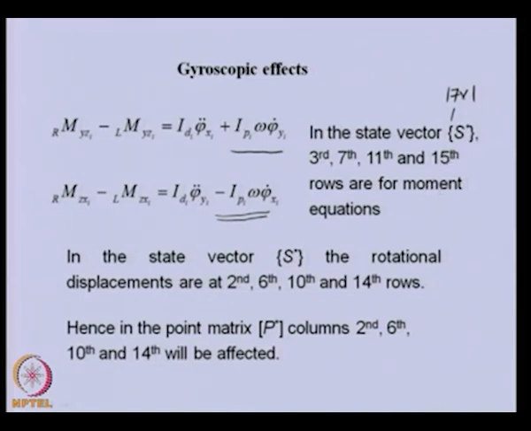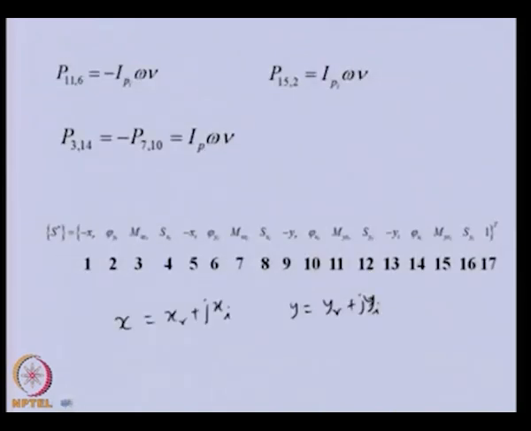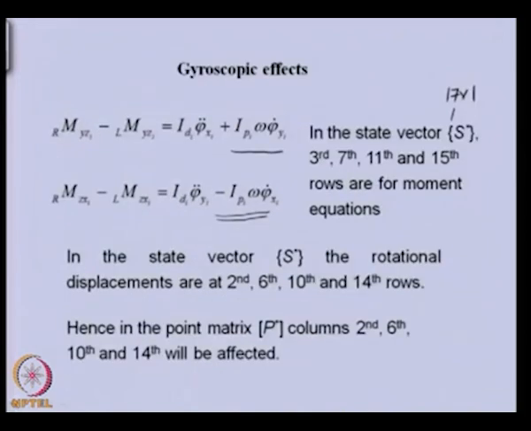That means the changes will be in these particular rows of the point matrix, because the gyroscopic couple terms give additional terms in the 3rd, 7th, 11th and 15th rows.